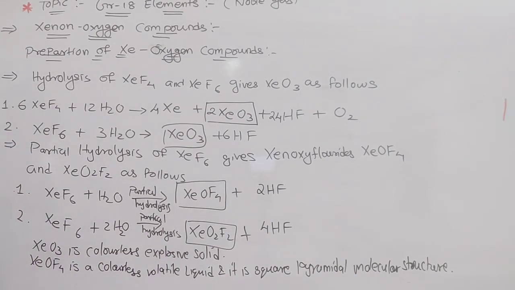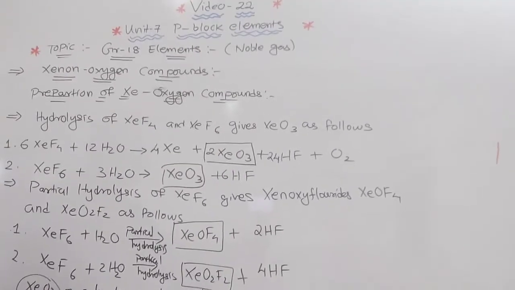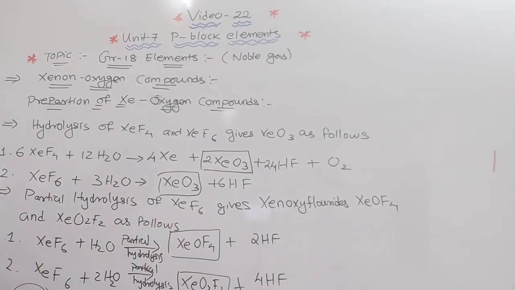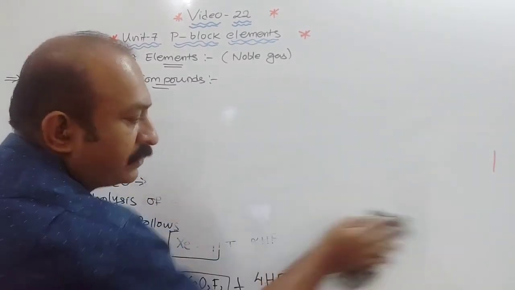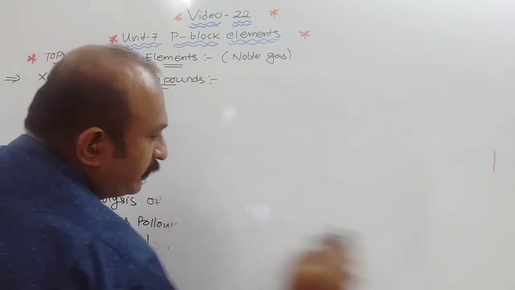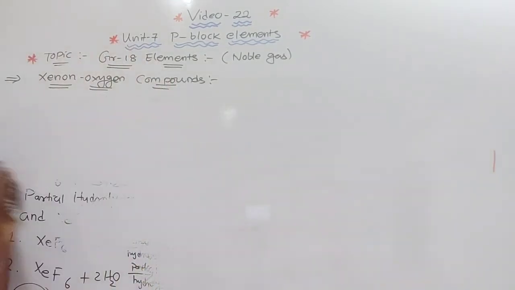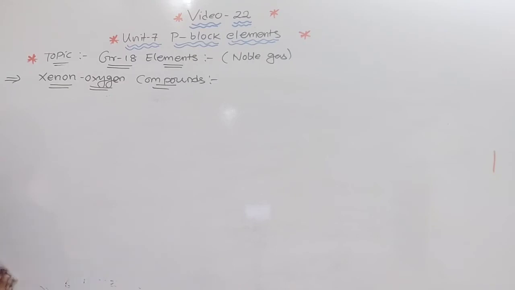Now we will discuss the structure of these two. These all things you can write down by pausing the video, because you can write down this in your fair book. This is a very important topic because we have only a few topics in group 18.